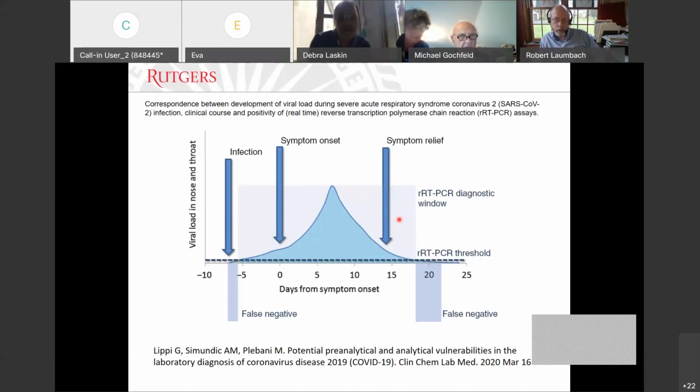So the idea is that if you're looking before the viral replication is really getting underway, at least exceeding the RT-PCR threshold, you may have false negatives, and then again afterwards.